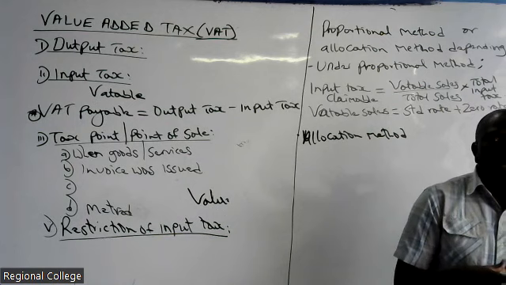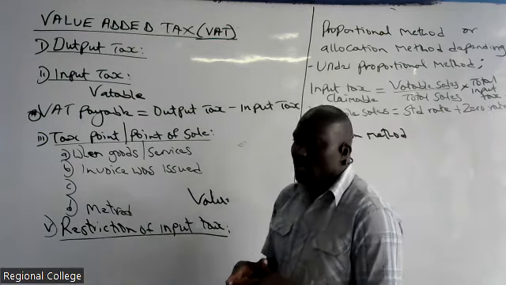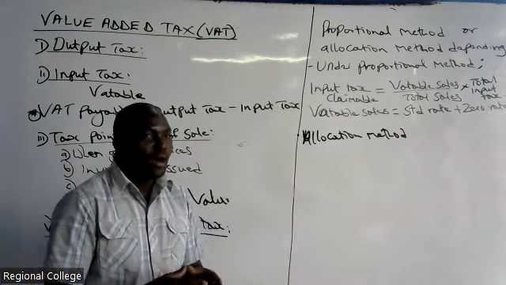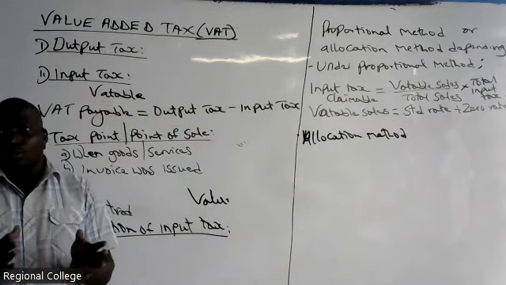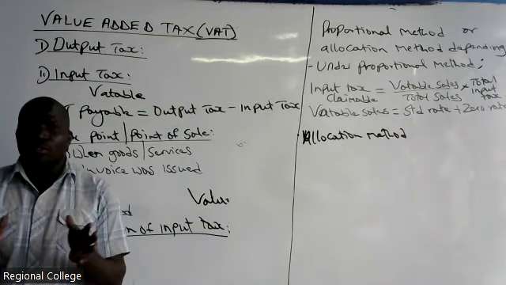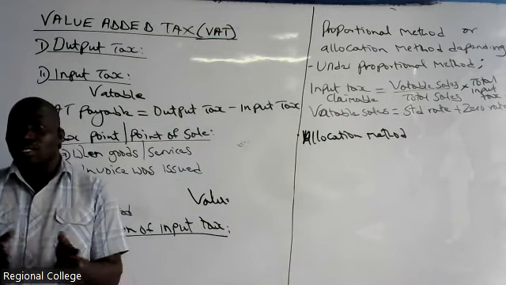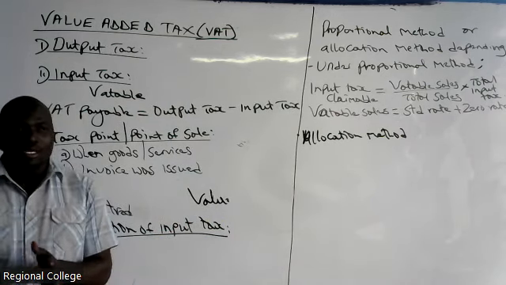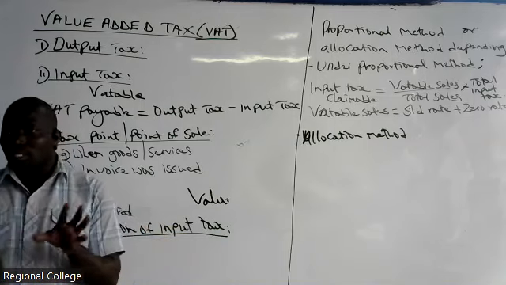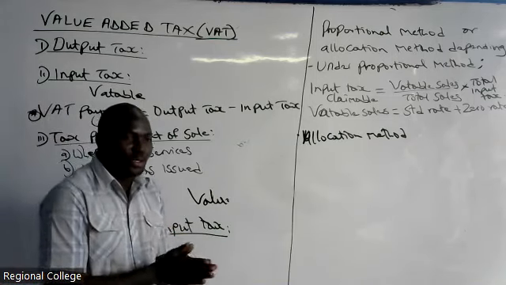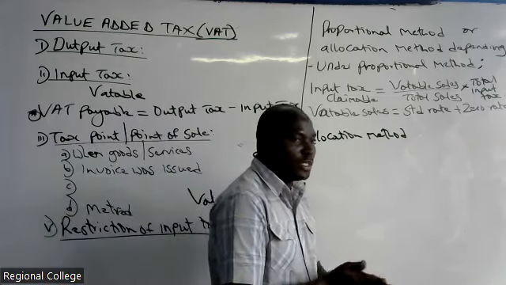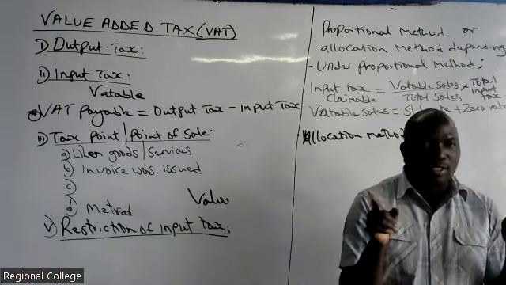Sasa, now, sometimes you have a scenario whereby the examiner anatuambia, out of those items, maybe 2 million of our purchases, 2 million of our sales were bought at standard rate and were sold at standard rate. So inamaanisha kuwa hizo 2 million hatuna shida nazo. Ukinunua hizo ulichajiwa VAT, ukiuza umecharge VAT. We don't restrict that part.